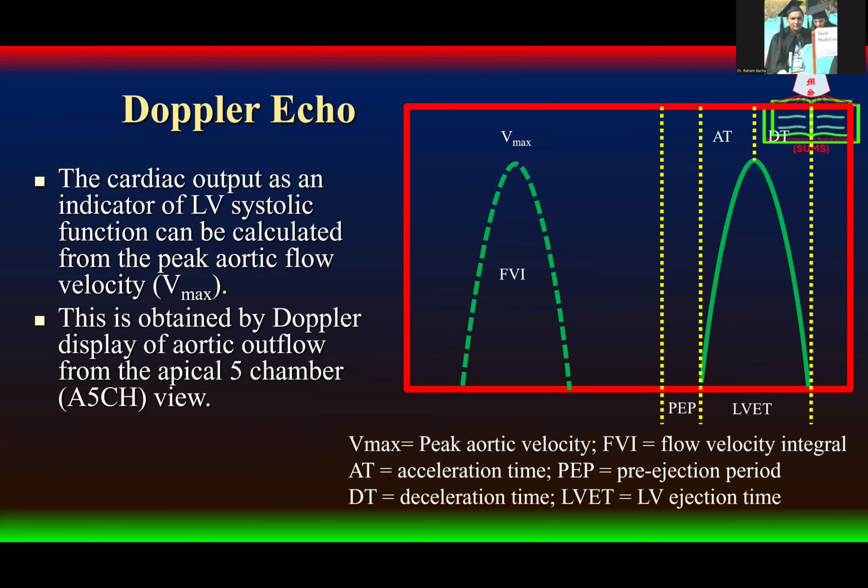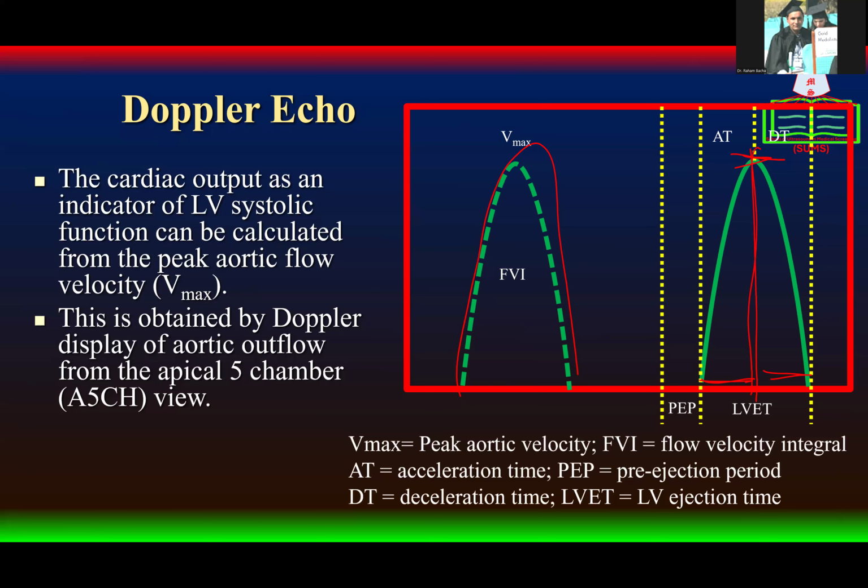So we'll get this area under the curve, the flow velocity integral, and this flow velocity integral we analyze. The peak velocity is achieved at this time, so the time from the onset of the systole to the peak flow velocity at the aortic outflow tract will be the acceleration time, and after that this one will be the deceleration time, right?